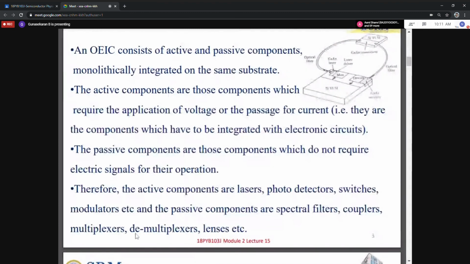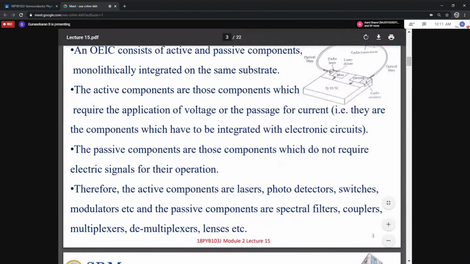Passive components do not require any voltage or electrical signals. The laser, photodetectors, switches and modulators are all active. And what about passive? The filters, multiplexers and demultiplexers are the passive components.